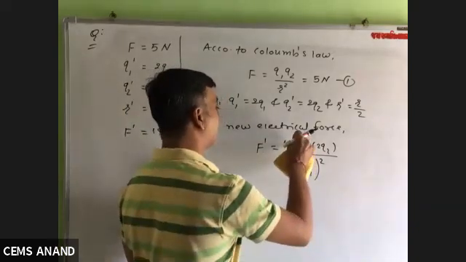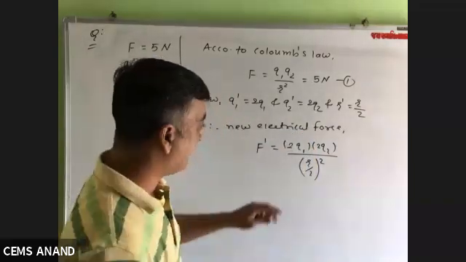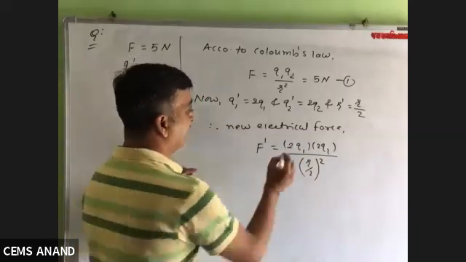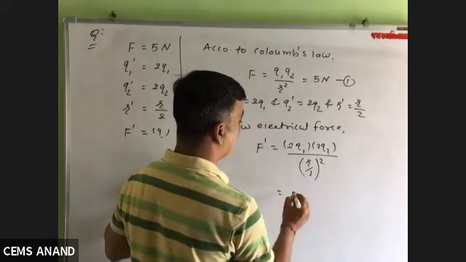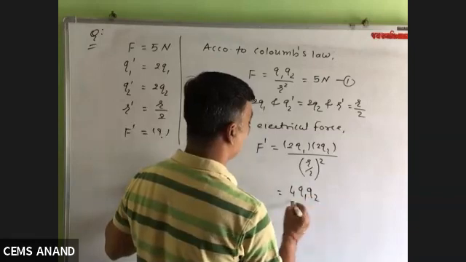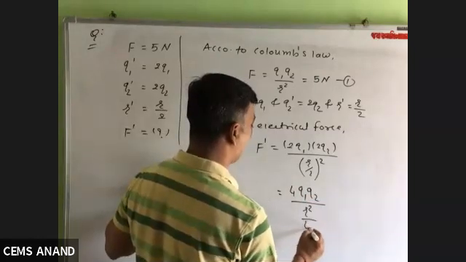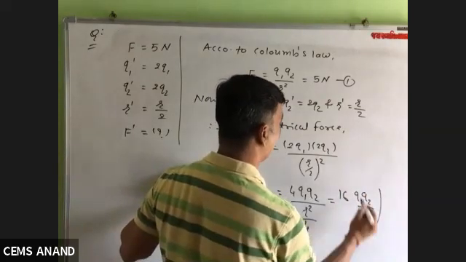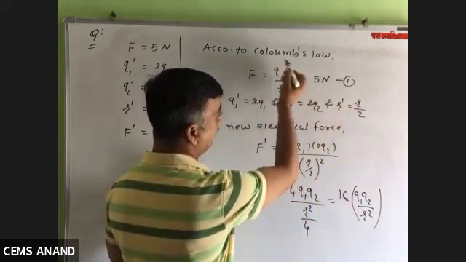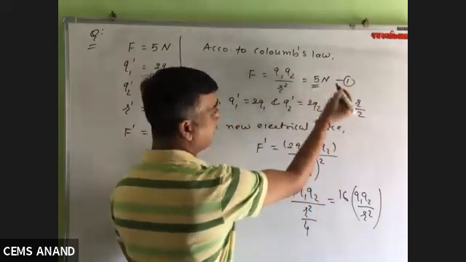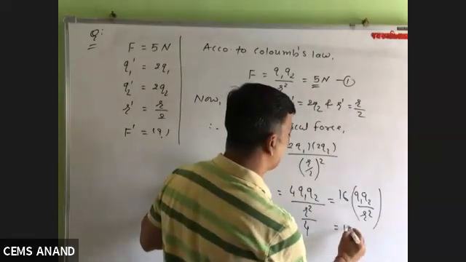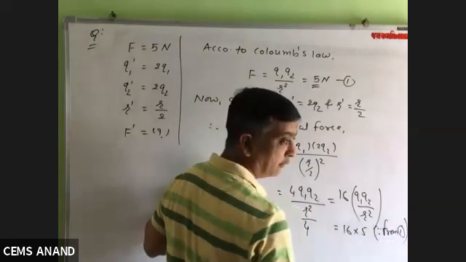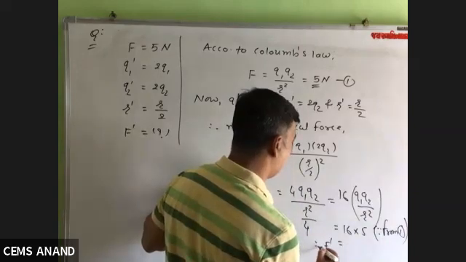We can write this as the simple formula, that is k Q1 dash Q2 dash upon R dash square. So it is 4 Q1 Q2 upon R square by 4, which is 16 Q1 Q2 upon R square. But from the first case, we know that Q1 Q2 by R square is equals to 5 Newton. So it is 16 into 5. So the answer of new force is 80 Newton.